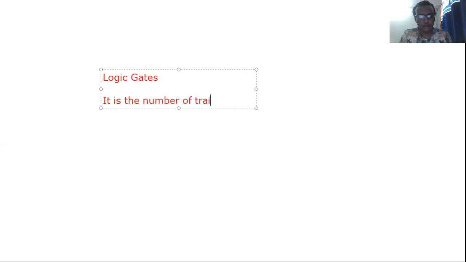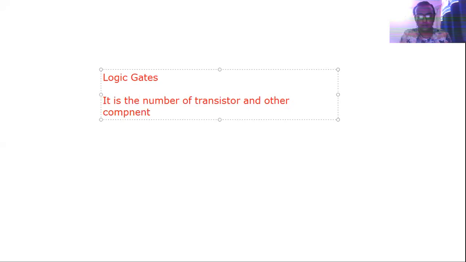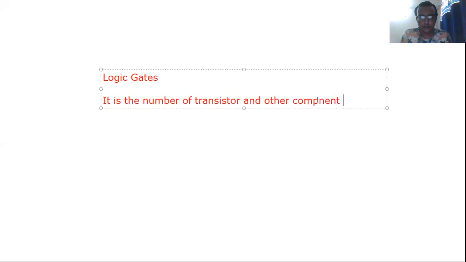What is the meaning of logic gate? Logic gate is a large number of transistors and other components connected in an IC.